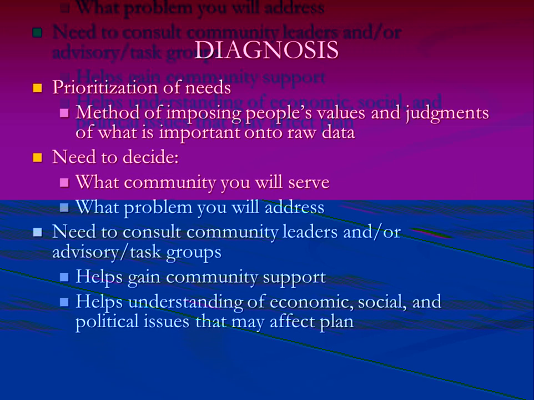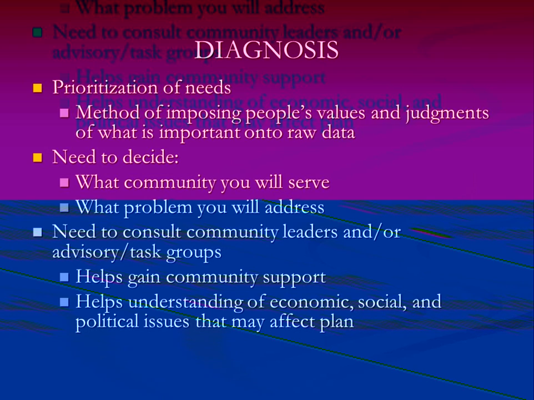So one way that we can start thinking about creating priorities is really talking to our community leaders, as well as any kind of task group that has already been developed, maybe by the community itself or maybe by the professional organizations within that community.